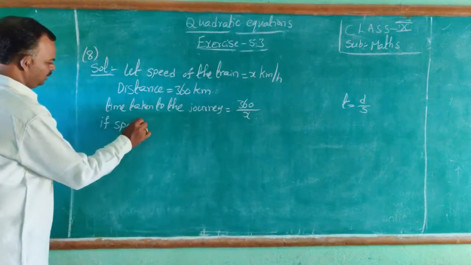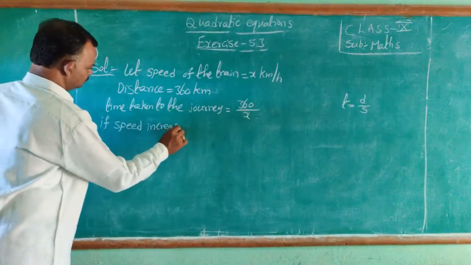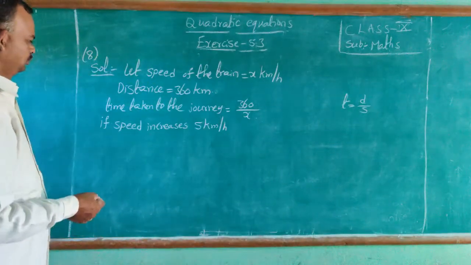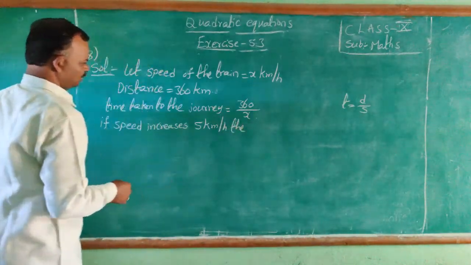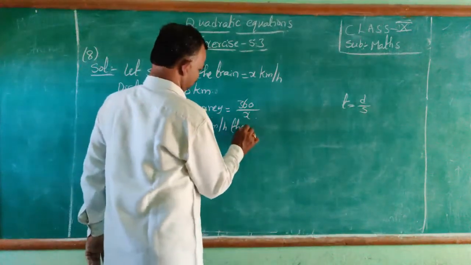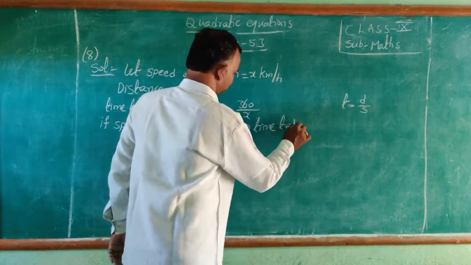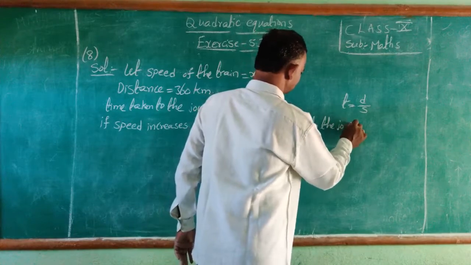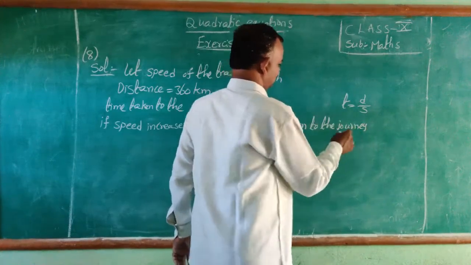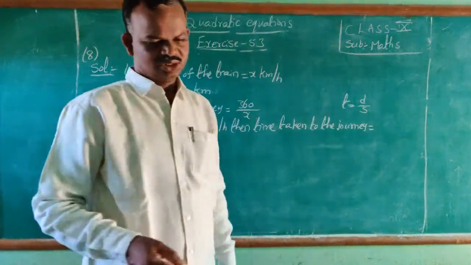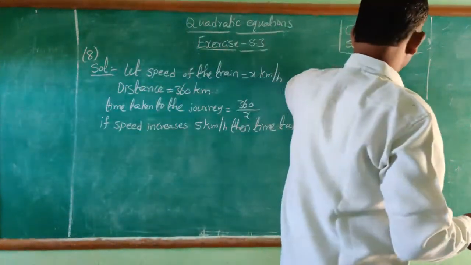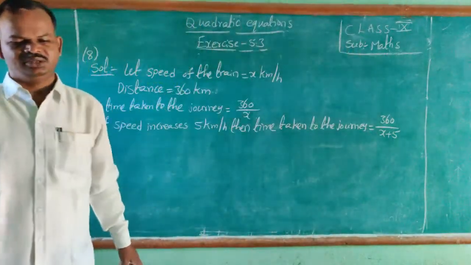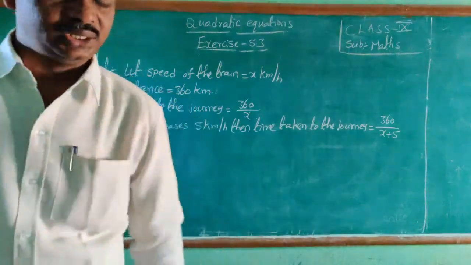Next, if speed increases by 5 km per hour, then time taken for the journey is, distance is the same, 360 by speed. 5 km more, that means x plus 5, so 360 by x plus 5.